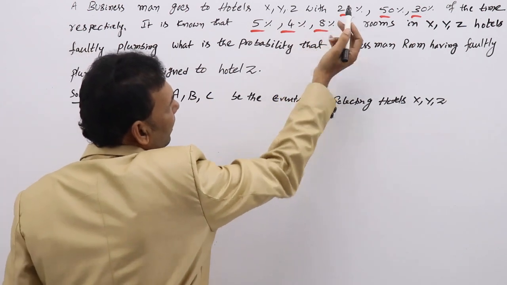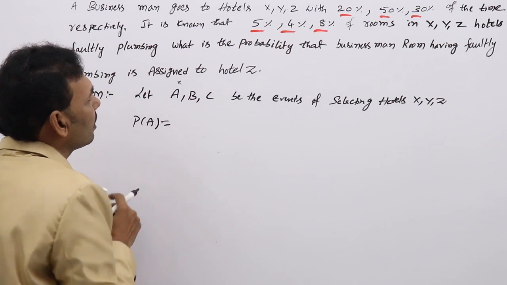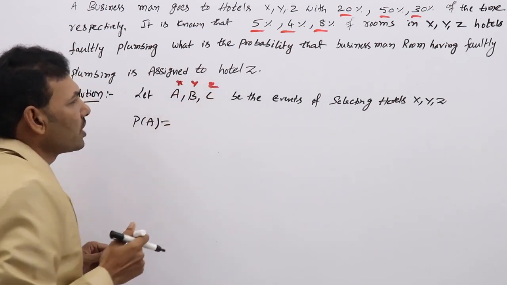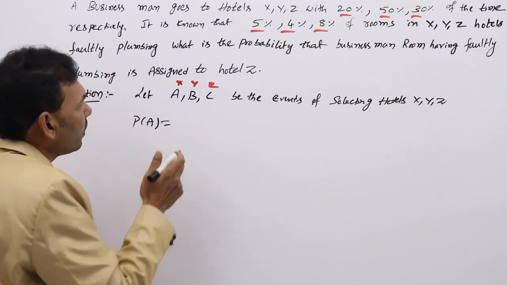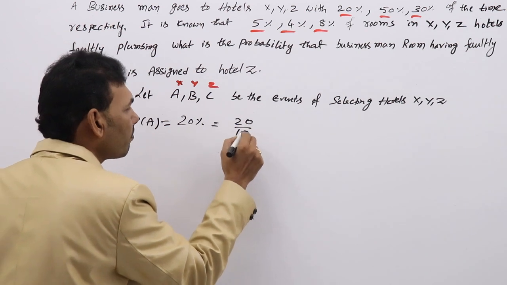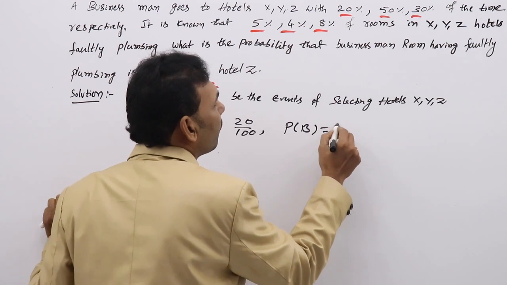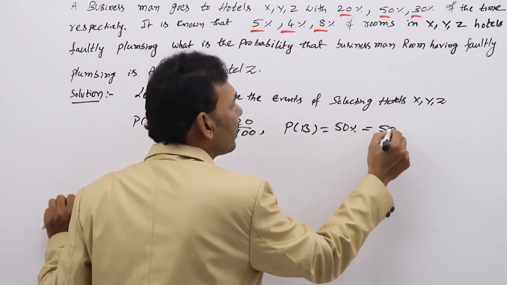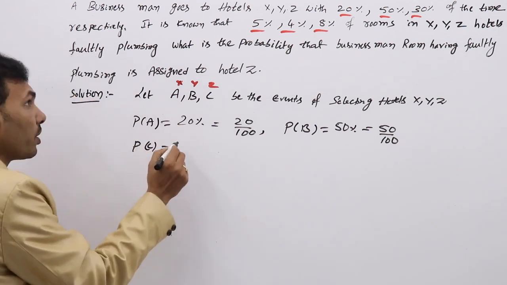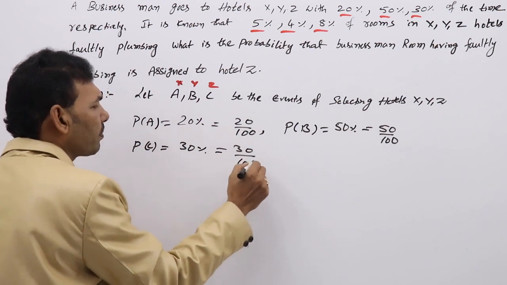Probability of A is given 20%. A means X hotel, B means Y, C means Z hotel. So, probability of A is 20%, which is 20 by 100. Probability of B is given 50%, 50 by 100. Probability of C also given, Z hotel 30%, 30 by 100.